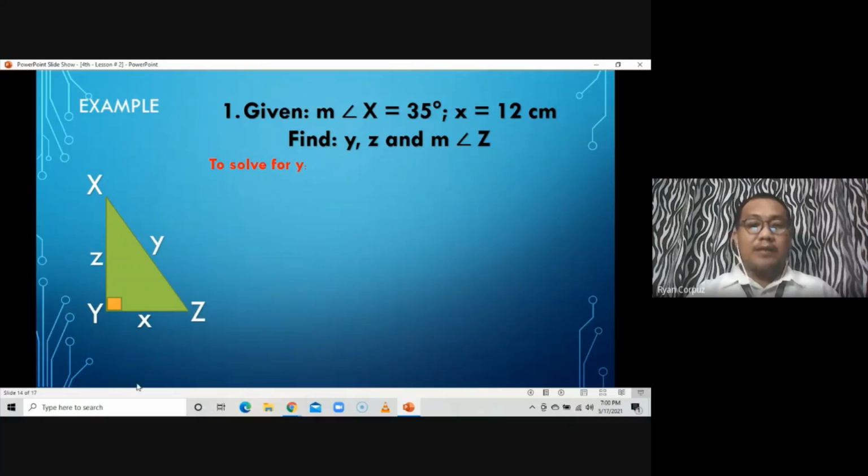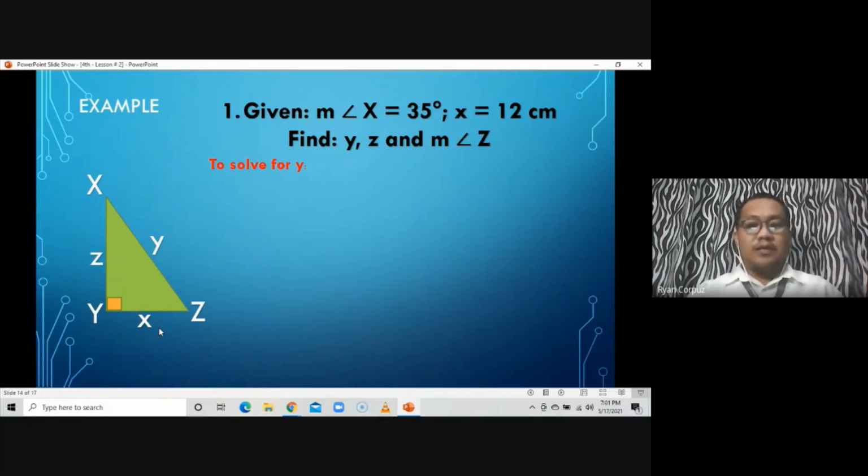Side y is the hypotenuse. That would be opposite over hypotenuse. So what trigonometric ratio is that? That means we are going to make use of the trigonometric ratio for sine.